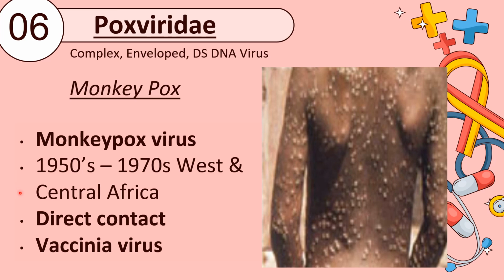It is acquired by direct contact with wild animals that are killed for food. Vaccination with vaccinia either protects the individual against monkeypox or, if they get infected, the severity of disease is less.